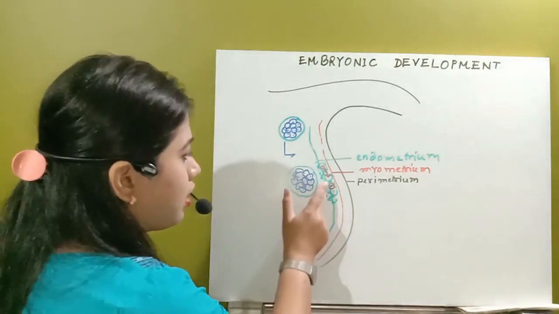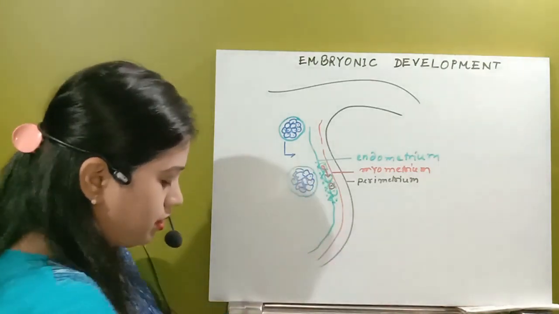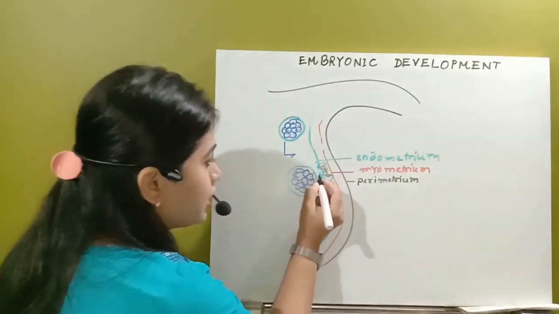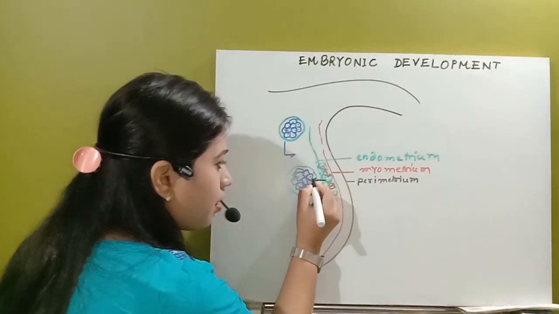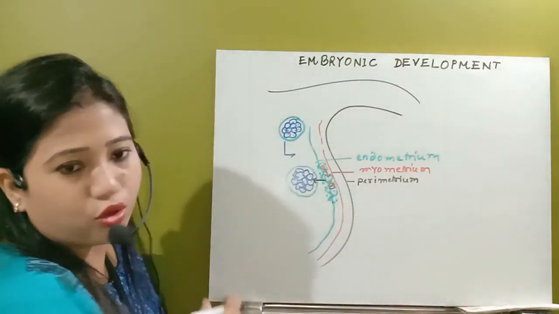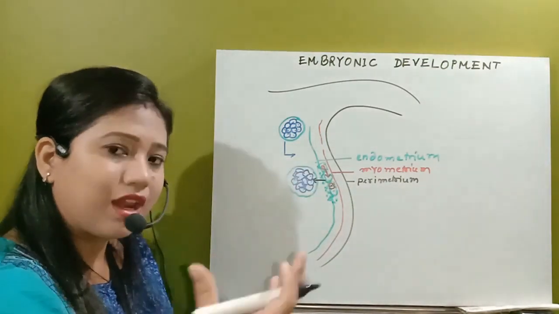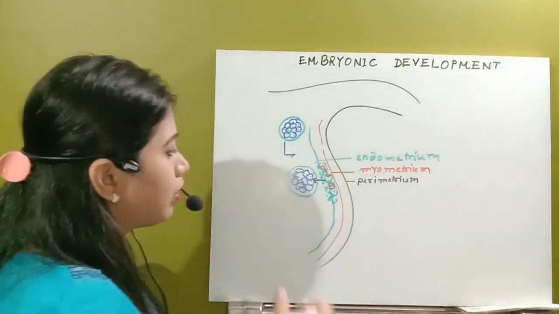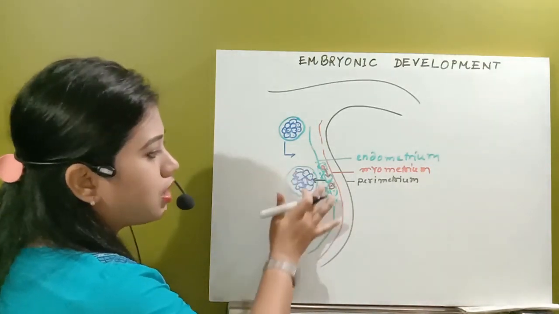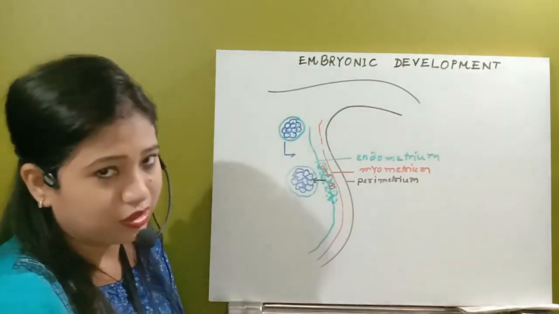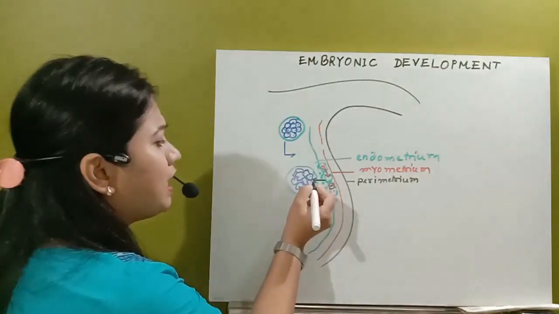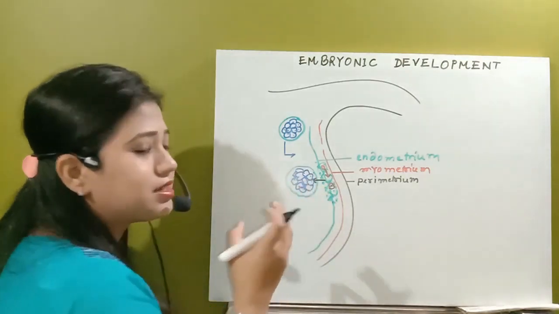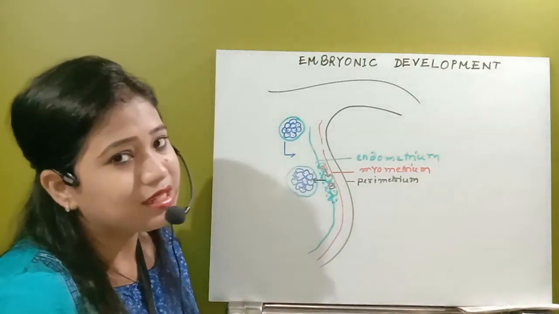Whenever the morula absorbs this nutritive fluid released from the endometrium, the size of the morula will start to increase. At the same time, these cells will start to increase in size.